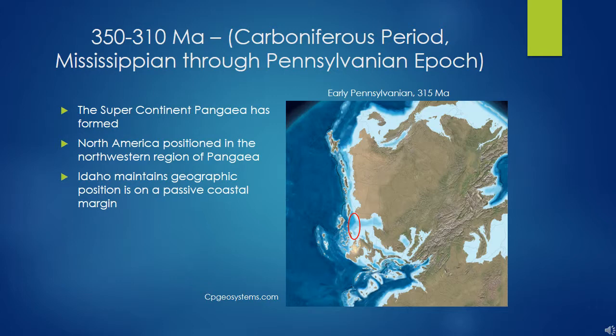We're around 350 or so million years ago in this particular slide, when Pangea has formed. Idaho is still hanging out where it has been for like 400 million years, which is insane. That's why you get these giant, super huge, thick packages of limestone out there in southeastern Idaho.